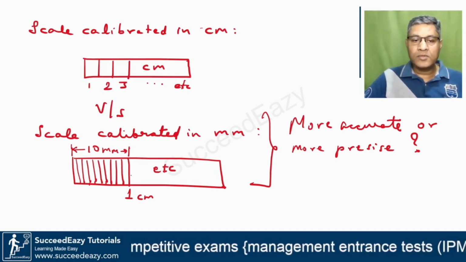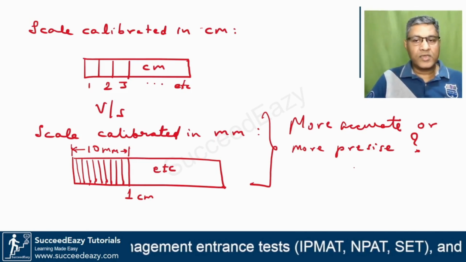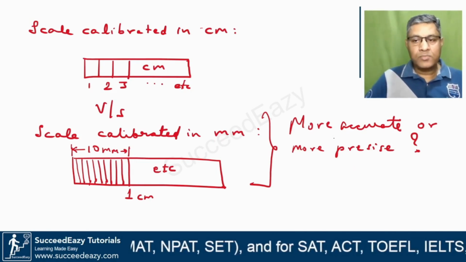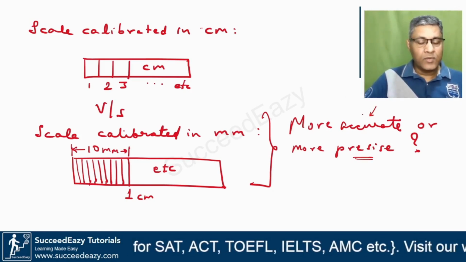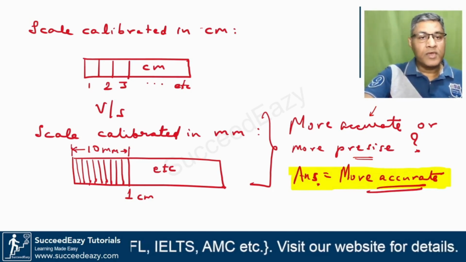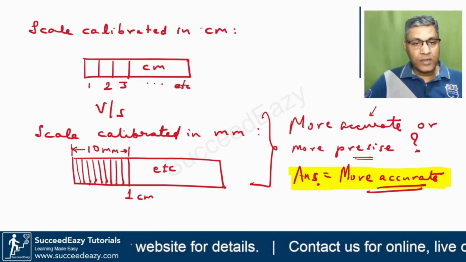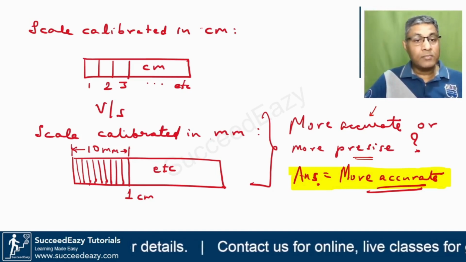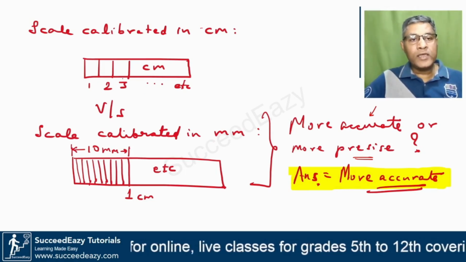So there are 10 millimeters in 1 centimeter, right? Now, which one is more accurate or more precise? We will not say precise, because here we are talking about the accuracy of the data, right? And therefore we are going to say it is the scale that has more divisions in it. The scale calibrated in millimeters is more accurate than a scale which is calibrated only in centimeters.